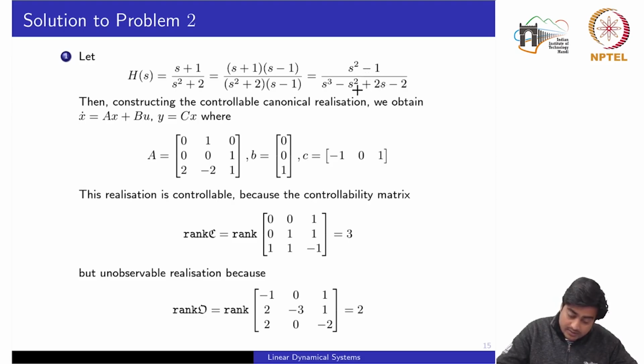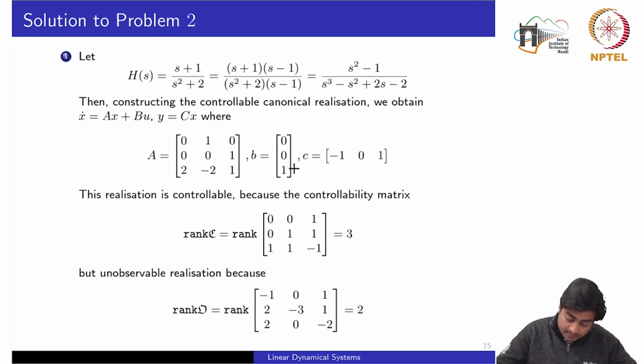Now for this transfer function we obtain directly the controllable canonical realization in the form of these ABC matrices, and if you compute the controllability of this matrix, it is of full rank, but it is unobservable because the rank of the observability matrix of the pair A comma C is only 2.